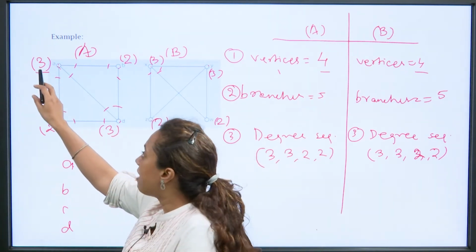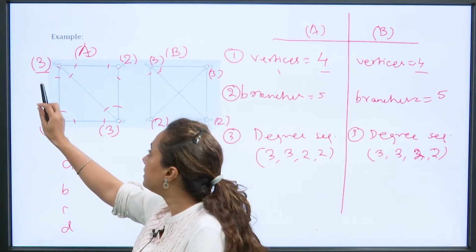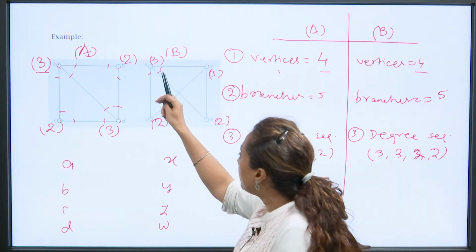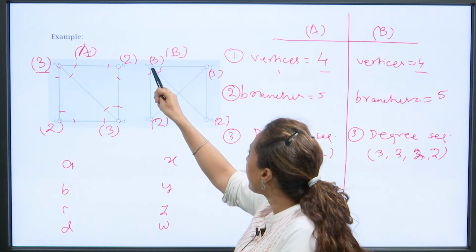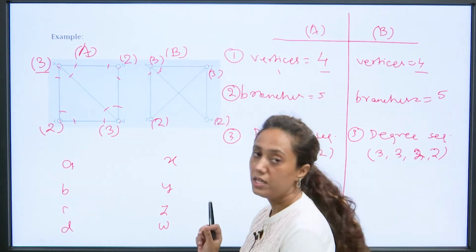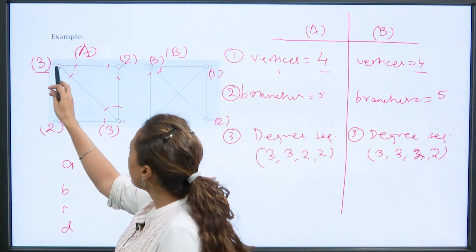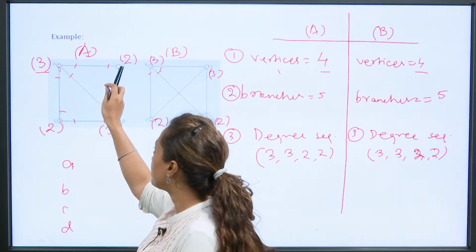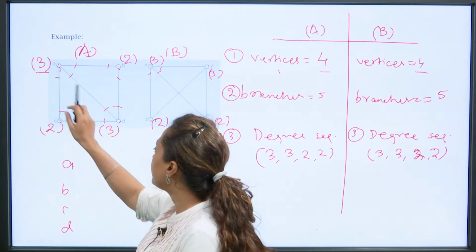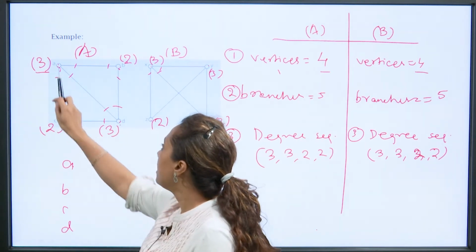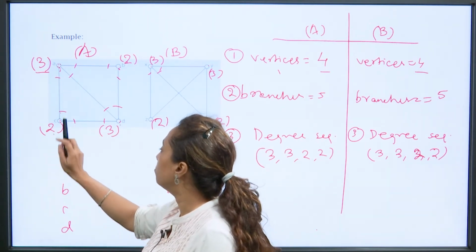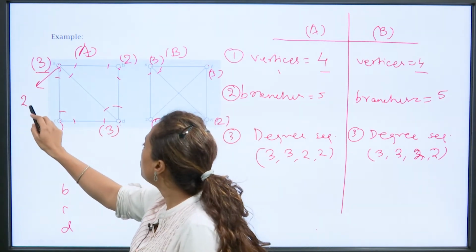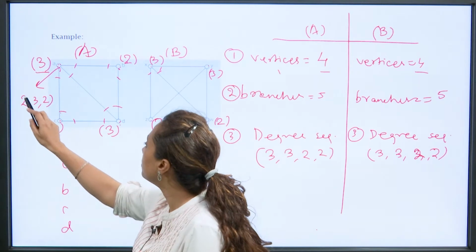This A is having a degree of 3, right. Now, we have to see that a degree of 3 is there with X and also Y. Now, we will see this A is getting connected with a node which has 2 degree, a node which has 3, and another with 2, means A is connected with 2, 3, 2, right.